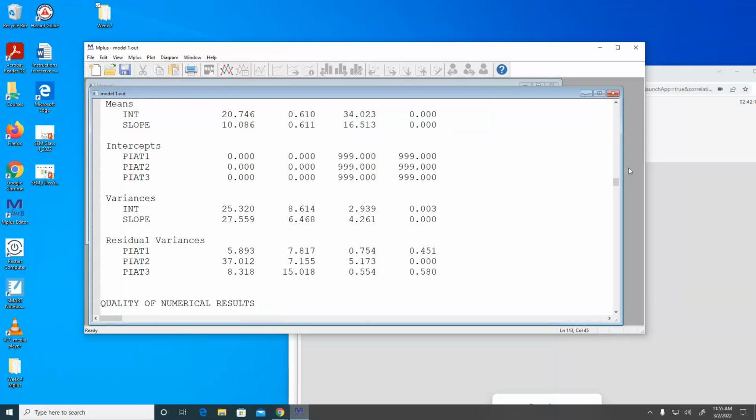And let's call it 10.09, right, is the model predicted slope. So that's saying, remember, for every 1 unit change in time, which in this case is 2 years, I expect kids to grow by about 10.09 units.